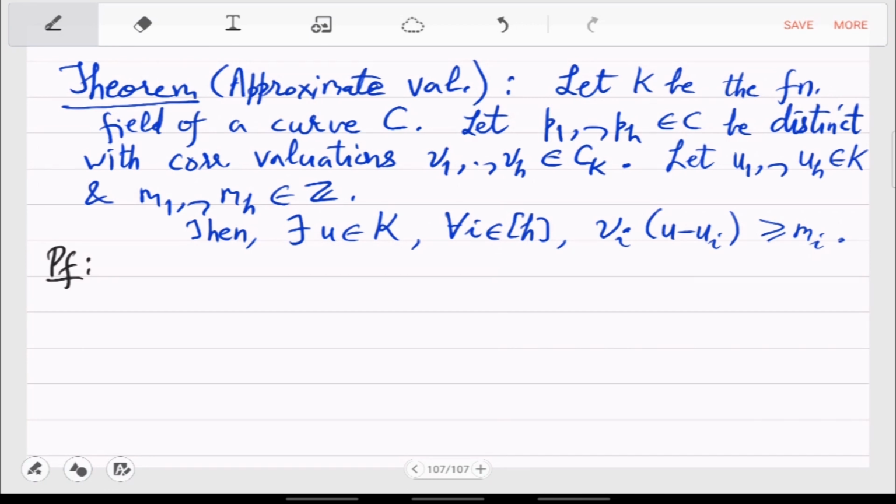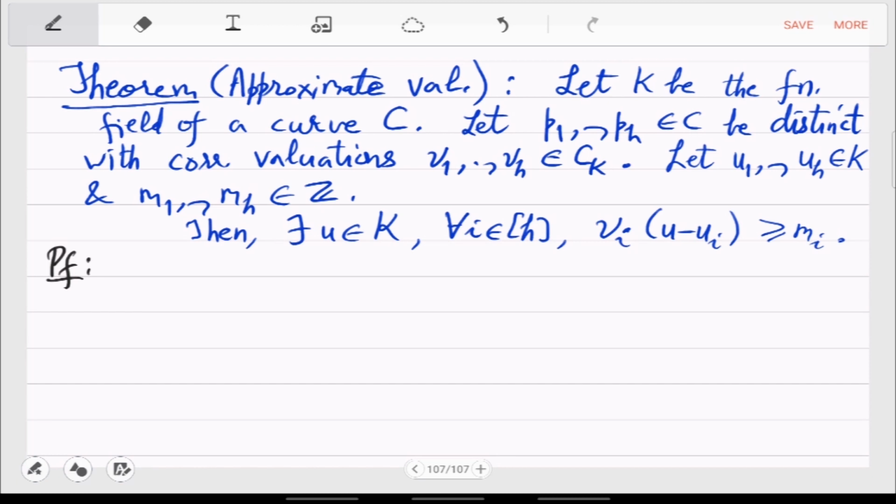Is the statement clear? It's a highly non-trivial statement. It may as well be false because the numbers mi are arbitrary, and the points are arbitrary, the valuations are arbitrary, and you want a function that matches all these things.